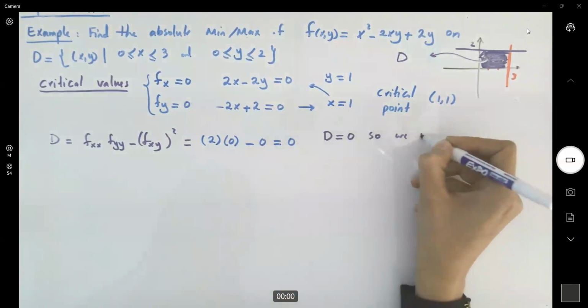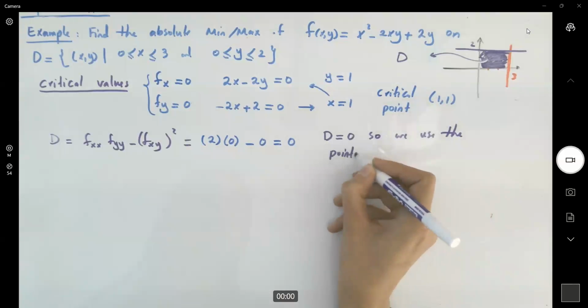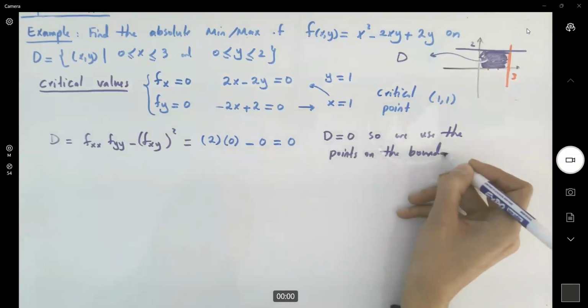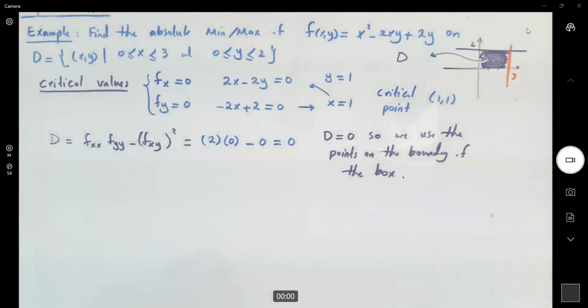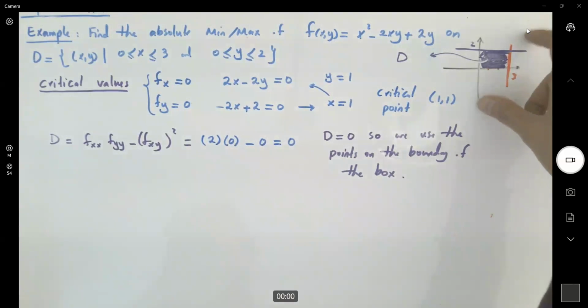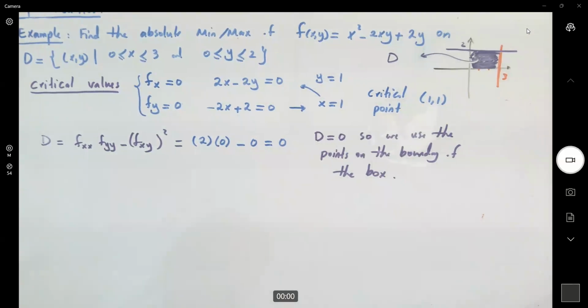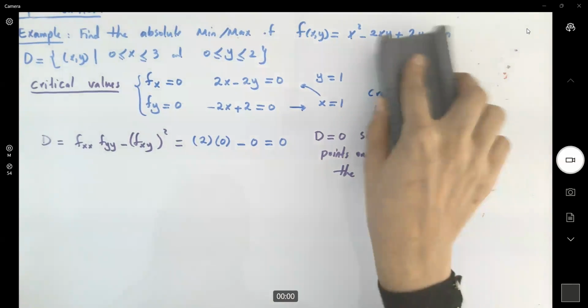So we use the points on the boundary of the box. Very good. I'm going to graph this a little bit larger so we can define the boundary of this box a little bit easier to see.